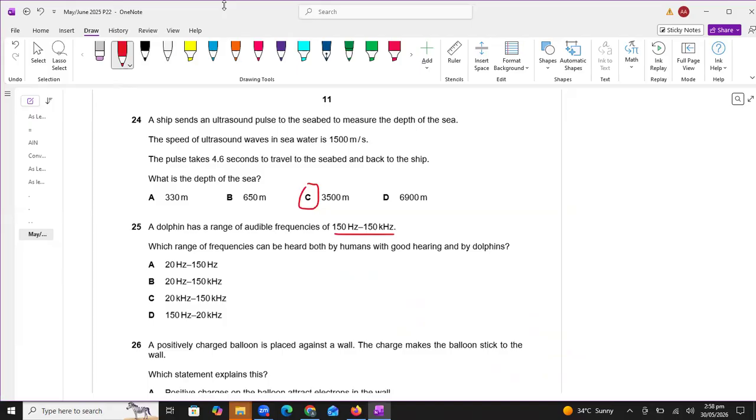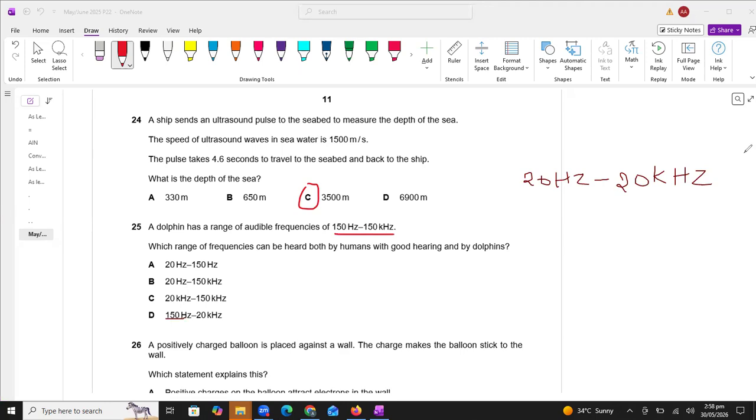So look, in this question, we have to identify the range of frequencies heard by the human and by the dolphin as well. What is the human range of frequency which they can hear? That is from 20 hertz to 20 kilohertz. So what should be the right answer, students?